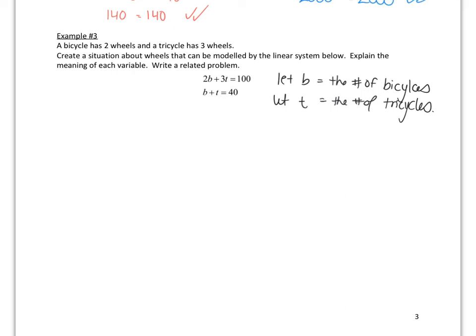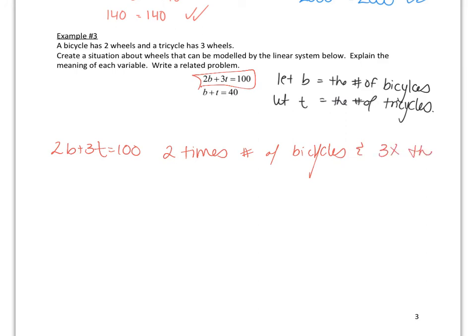So in this first equation here, 2b plus 3t equals 100. There are 2 times the number of bicycles and 3 times the number of tricycles. And this equals 100.